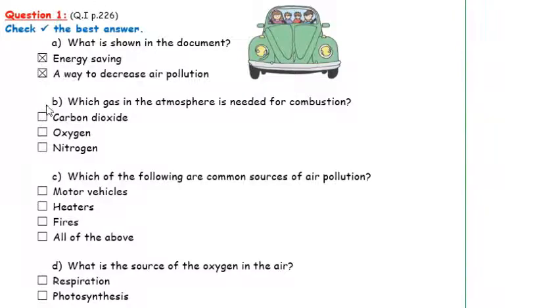Excellent, oxygen. So we turn fires on by feeding them with oxygen. And which gas turns the fires off? It's carbon dioxide, that's right. So fires consume oxygen and release carbon dioxide.